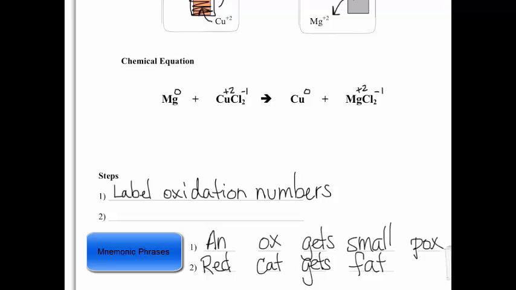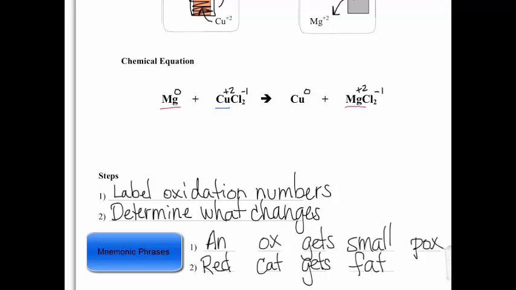So the second thing we are going to do is determine what changes. We just decided that it was magnesium and copper that changed.